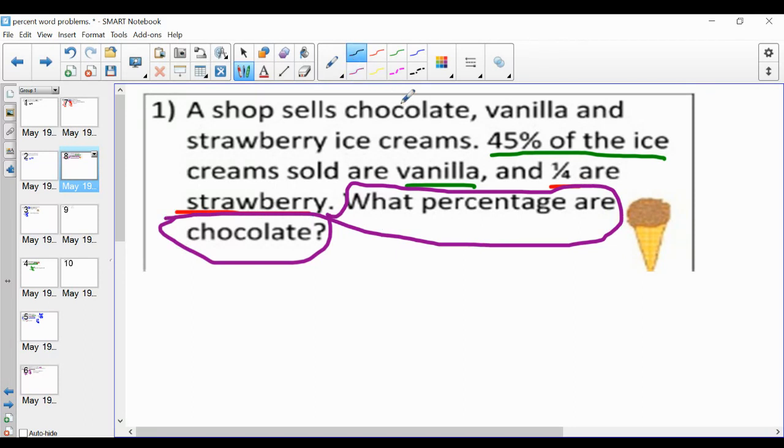So the first thing that we need to do, so we know we have 45%. But now 1/4, think about it in money. How much money is 1/4? It's 25 cents. So therefore, 1/4 of 100 would be 25.